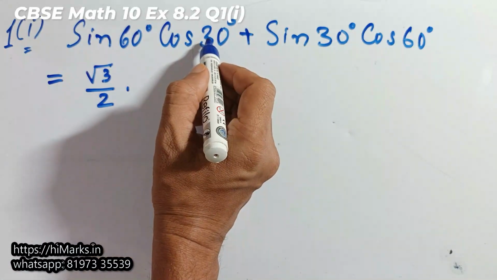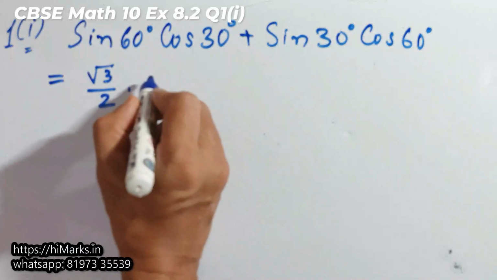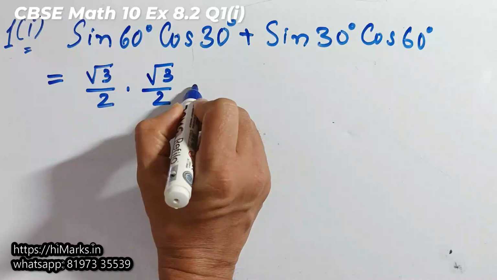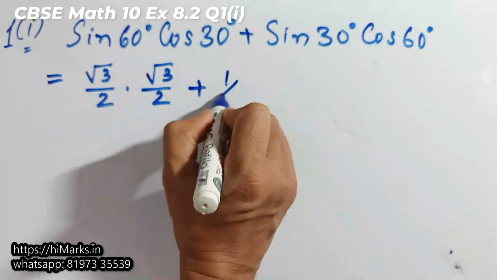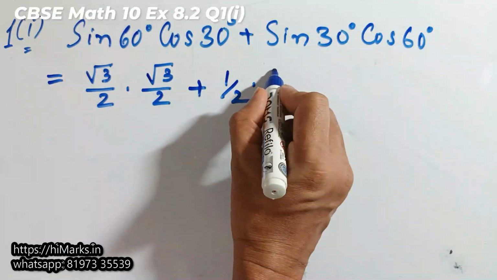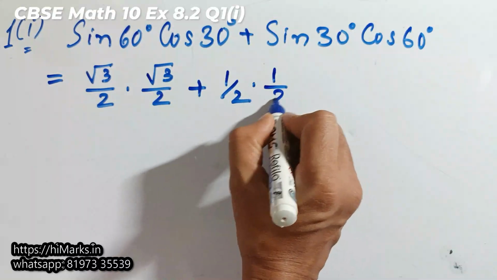Cos 30 is also root 3 by 2. Sin 30 is half and cos 60 is also half.